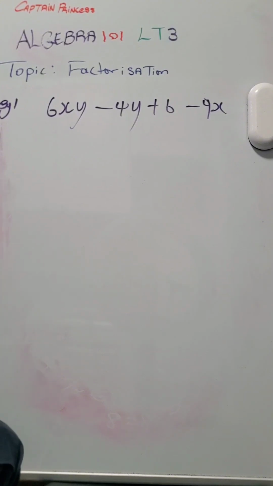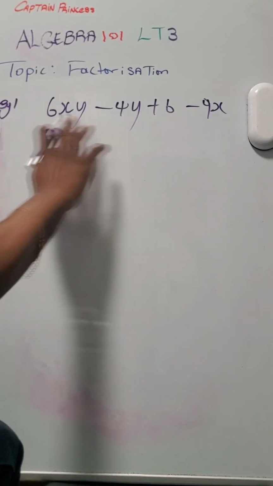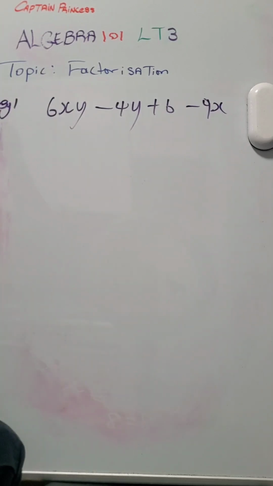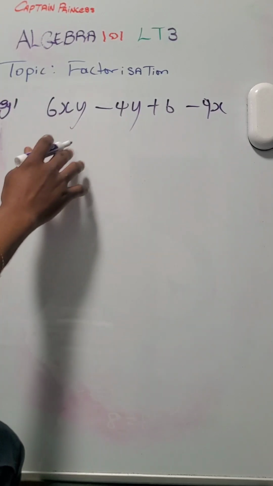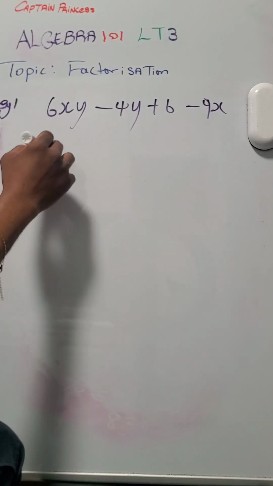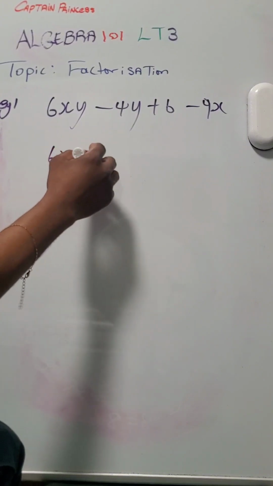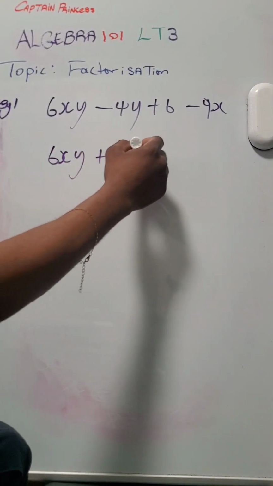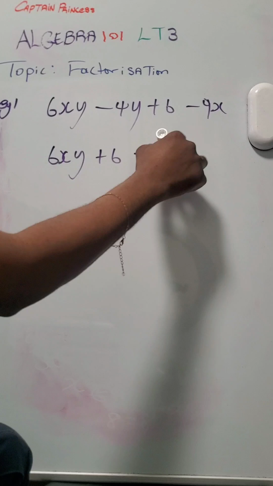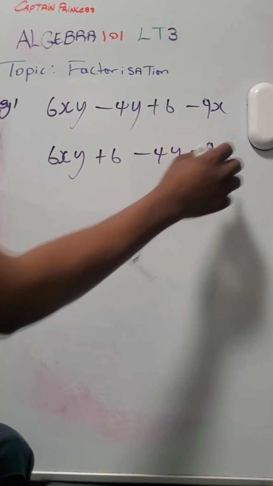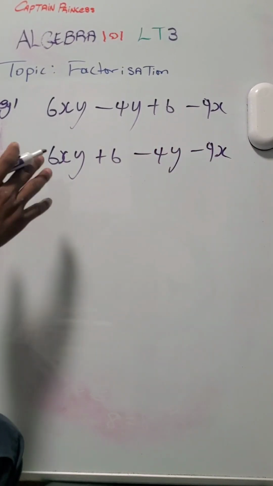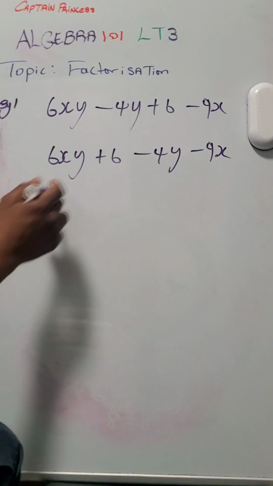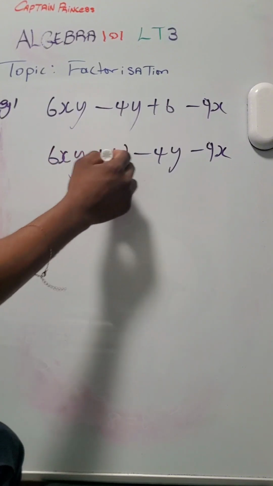Now let us do one more rearrangement. If we rearrange this once more, we can say 6xy plus 6 minus 4y minus 9x. And then from this, we can say what is common to both terms here.